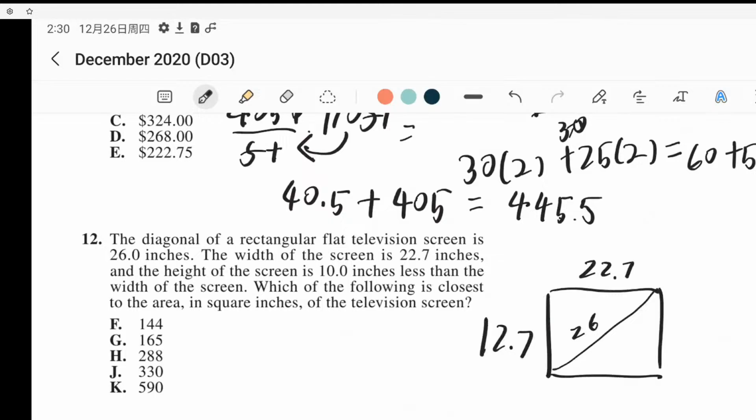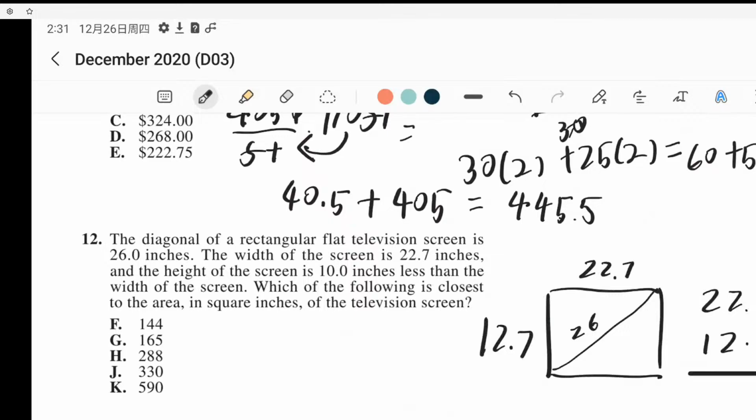So we want to find the area. The diagonal has absolutely nothing to do with this, so what we could do is just 22.7 times 12.7.